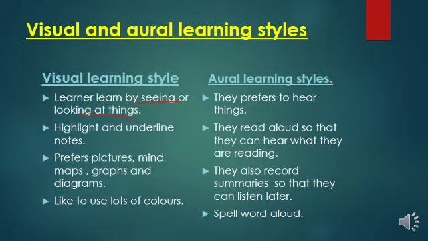You highlight and underline notes. So a visual learner, when you learn, you highlight or underline the important information. You prefer pictures, mind maps, graphs and diagrams. Other learners prefer to learn by pasting pictures or doing a mind map.